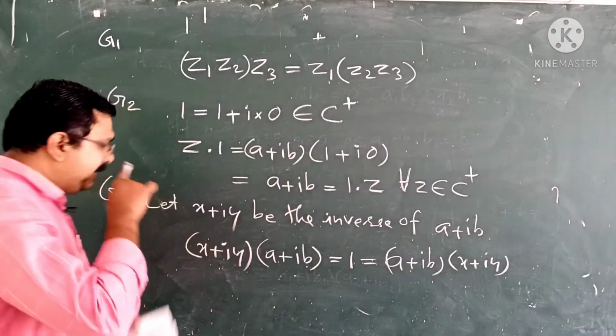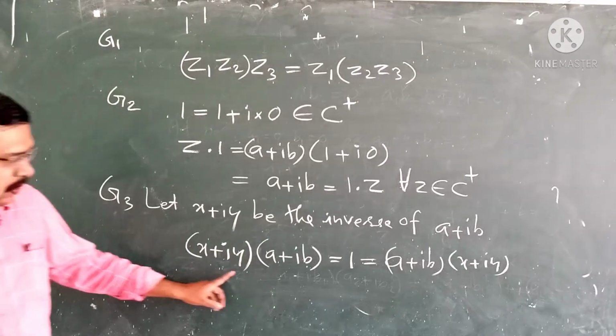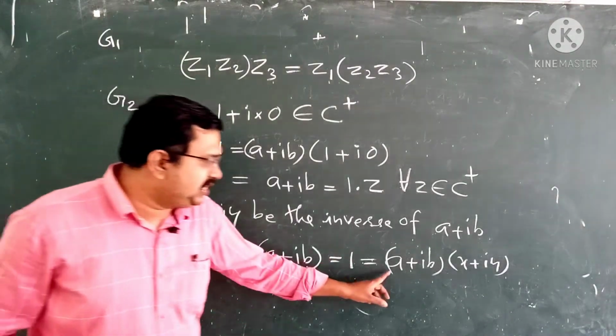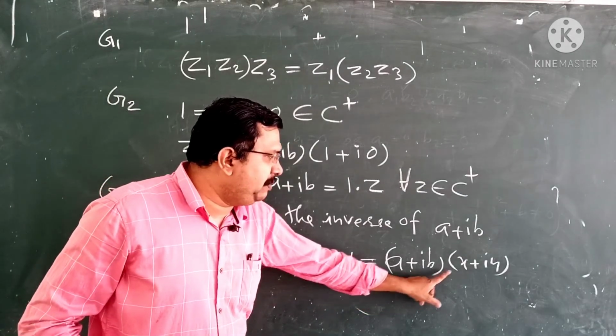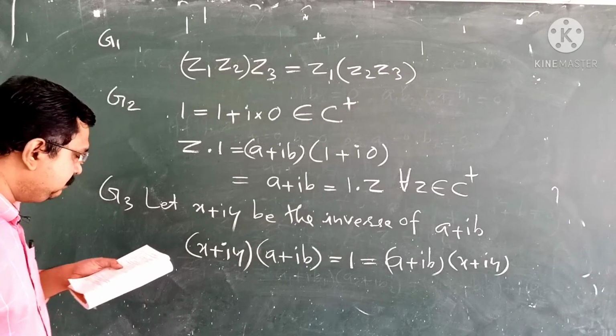Okay, one is the identity element. Here, listen, x plus iy into A plus ib is equal to 1, which is equal to A plus ib into x plus iy.